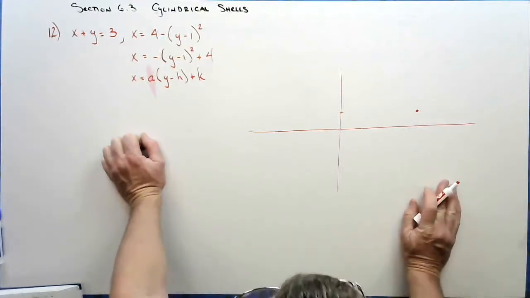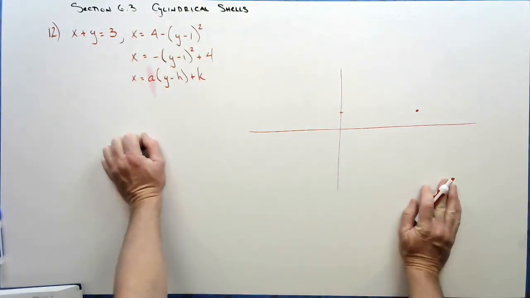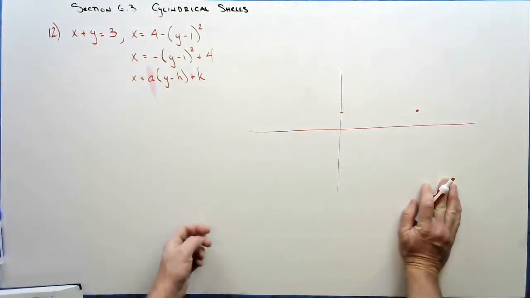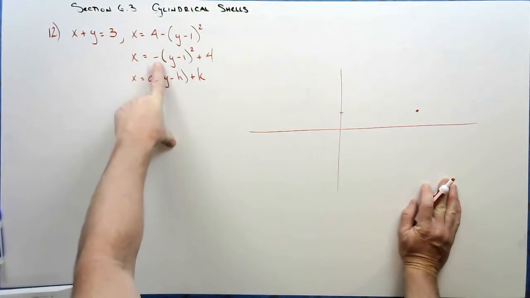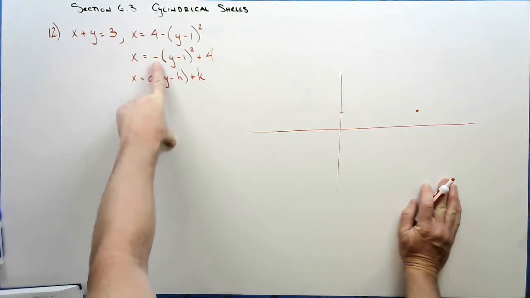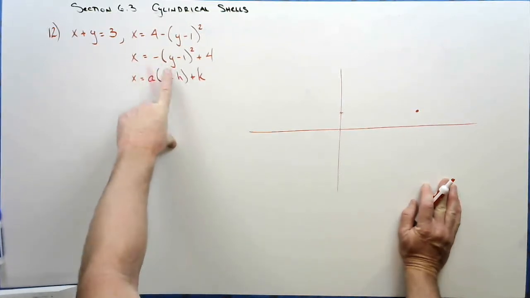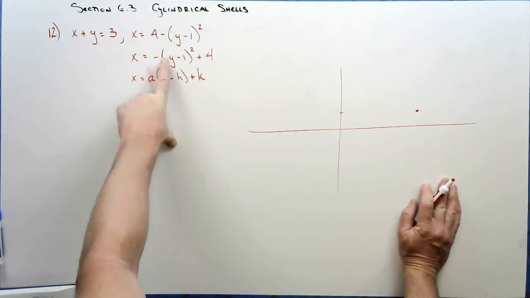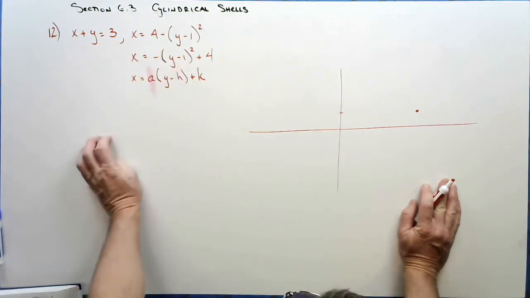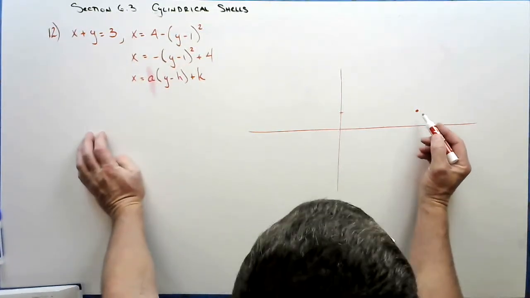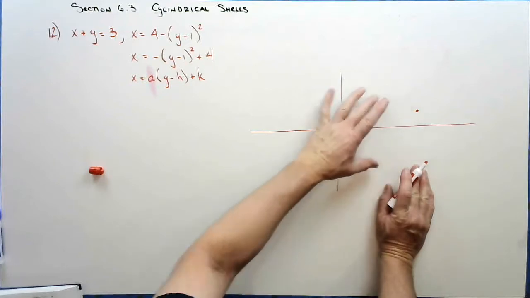That sits here. Then this parabola opens left because we have a negative sign, right? It's a sideways opening parabola because x is to the first power, y is to the second power. This is our vertex, and now it opens this way.